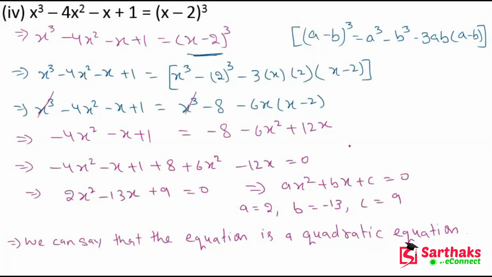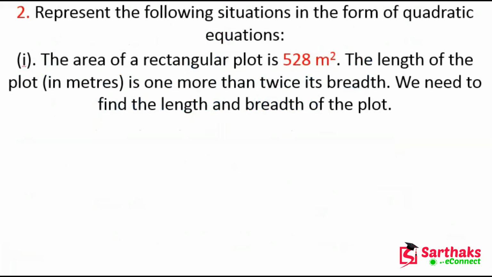Okay, my dear friends, I hope you get this point. So now let's move on. Yeah, so the next question is: represent the following situation in the form of a quadratic equation.